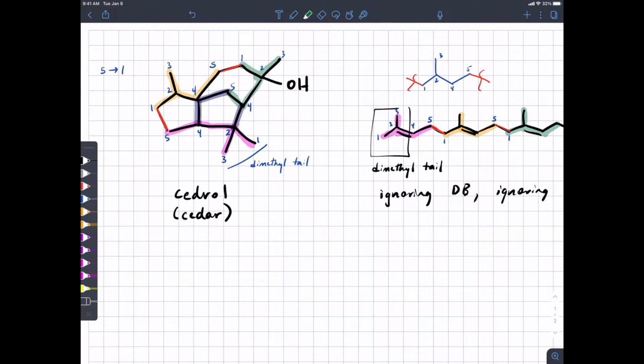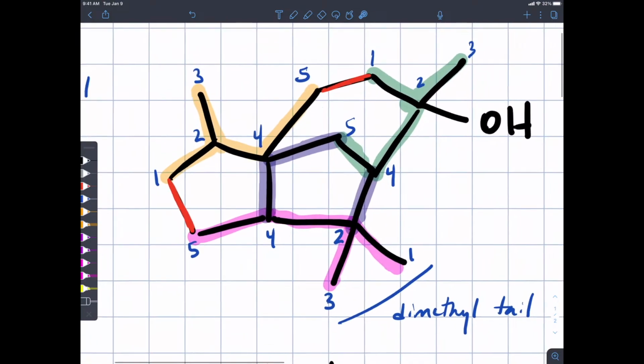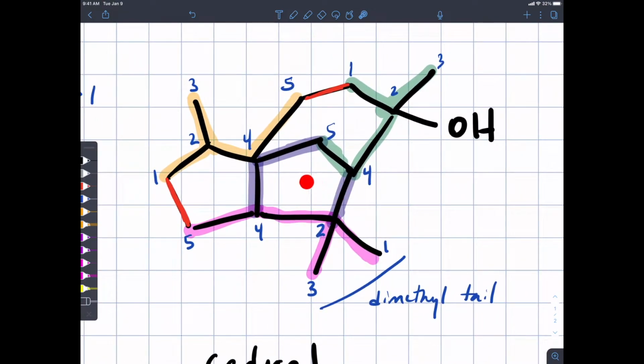All right, so that's one way to divide it up. Pink isoprene unit, orange, and then green. And in red are the bonds that were present in the linear precursor, and highlighted in that weird color of blue/gray are the new bonds that were not in the linear precursor.